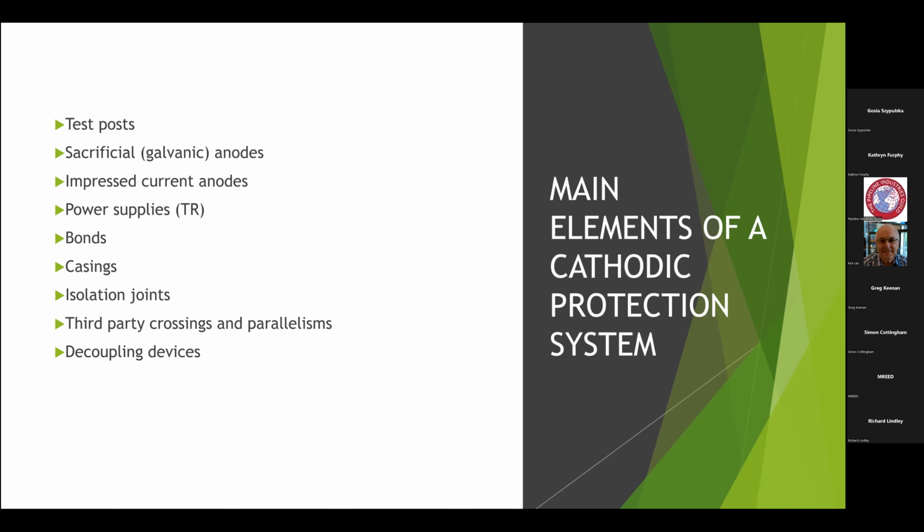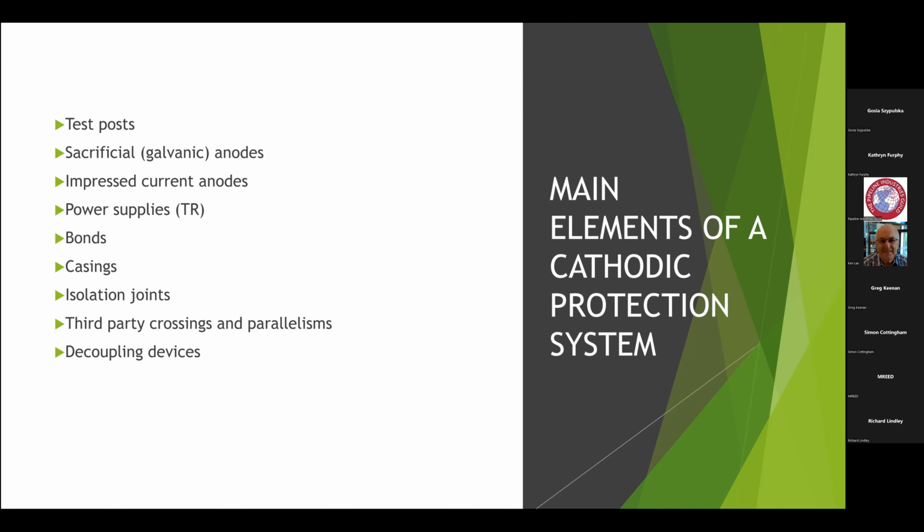The other key elements, I think we've probably mentioned them all so far. That's the anodes, either the galvanic or the impressed current, the power supplies. You may often see them referred to as a TR, which is an abbreviation for transformer rectifier, which were the very old equipment that they used to use, which transformed the AC voltage to a lower AC voltage, then rectified it to a DC voltage, and then supplied it to the pipe.